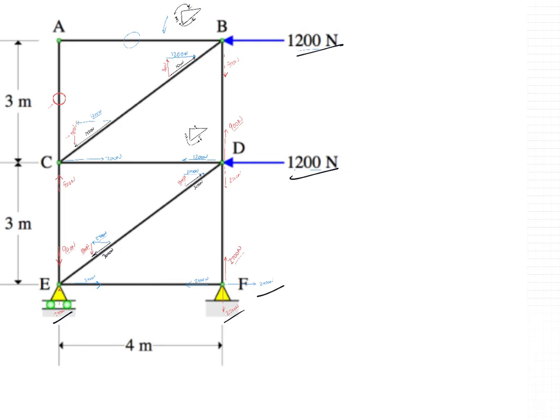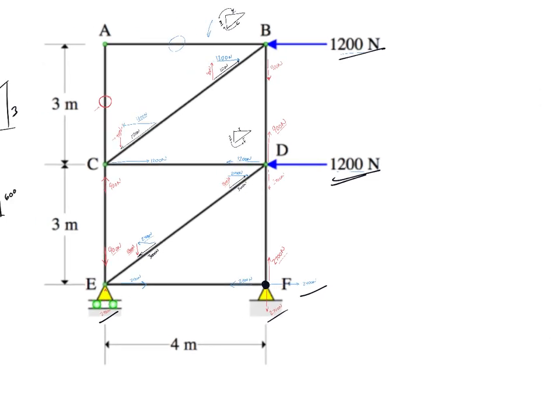If I do a moment, let's imagine I did moment around point F, right? I've got 1200 times 3, and I've got 1200 times 6. Okay, so I've got 1200 times 3, 1200 times 6, and those are both going counterclockwise around point F. Okay, minus 2700 times 4.